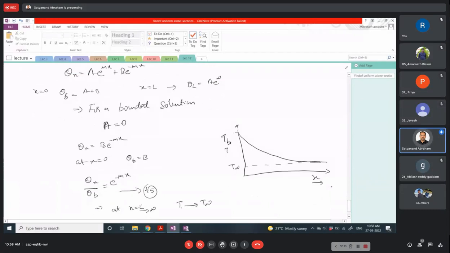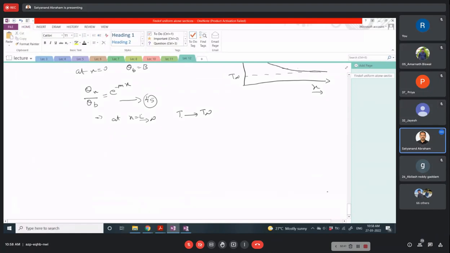Once you get the values and plot it, it might come something like this, and the slope etc. may be different. Since the equation is very simple in this particular case, we can draw it with confidence. That's why I drew this temperature profile along the fin only for the infinite long condition. Others will be similar, but we don't know for sure.